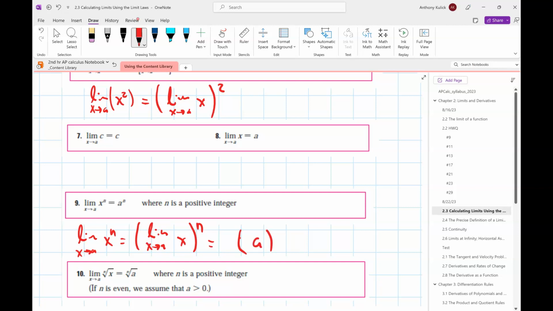We know the limit as x approaches A of x is just A. So we just have A to the n. That's like our proof. Okay, so number 9 should not be such a shocking result.